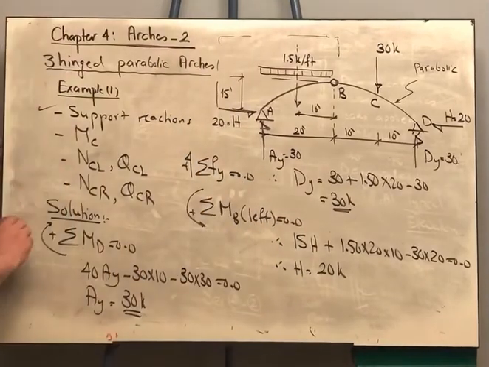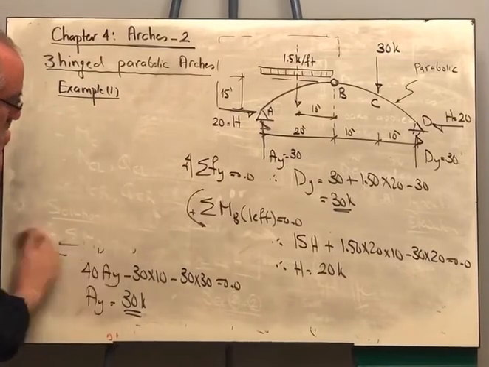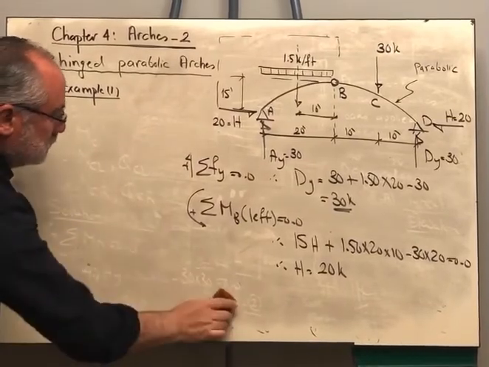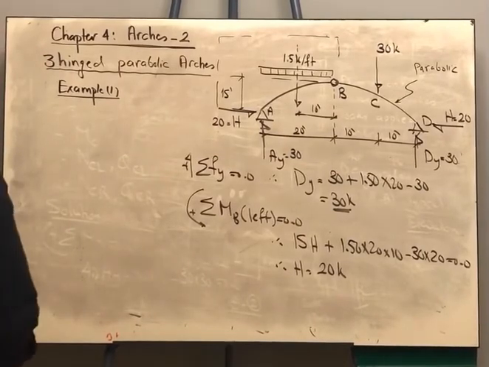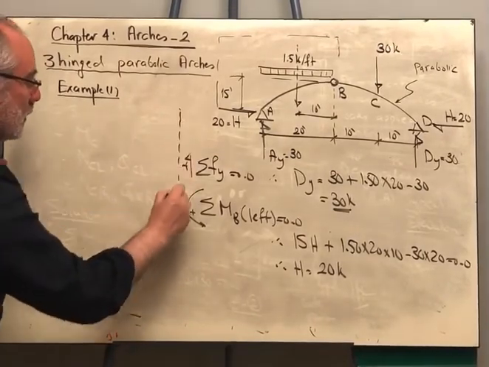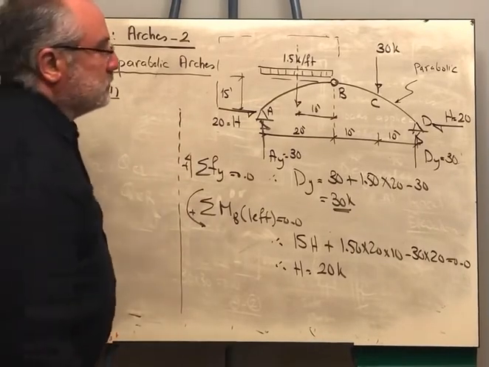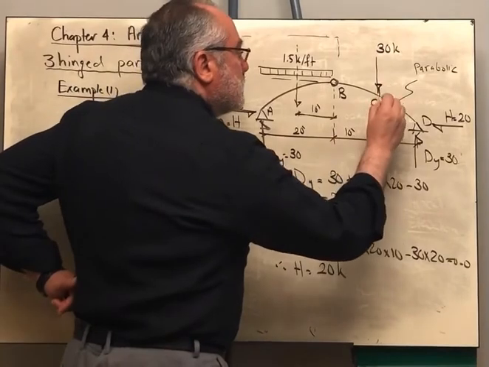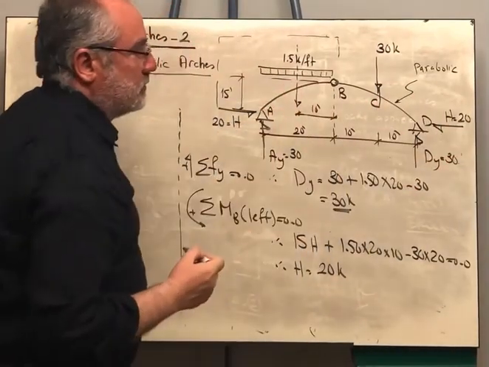Take care, let me erase this first. How can we determine the moment at point C? I will cut a section here and we can take either the right hand side or the left hand side.